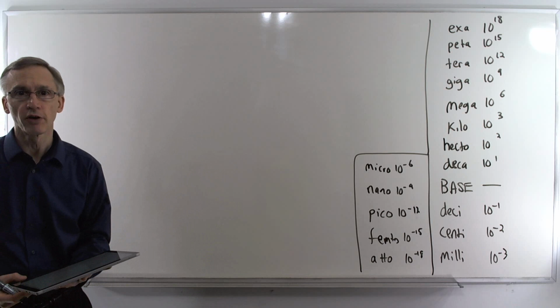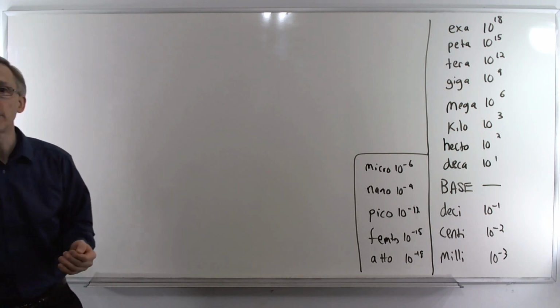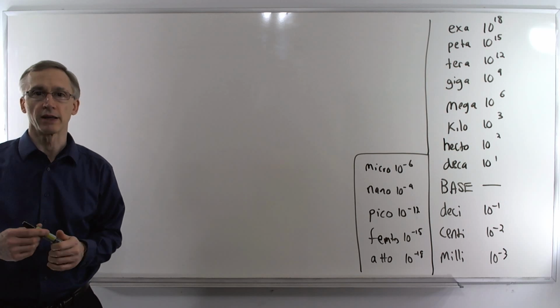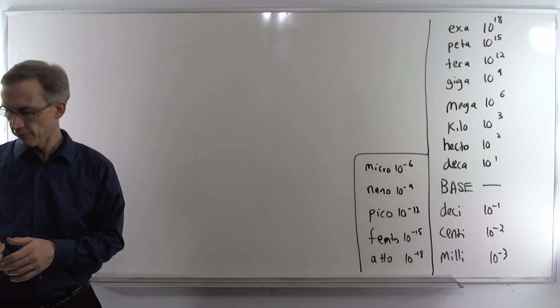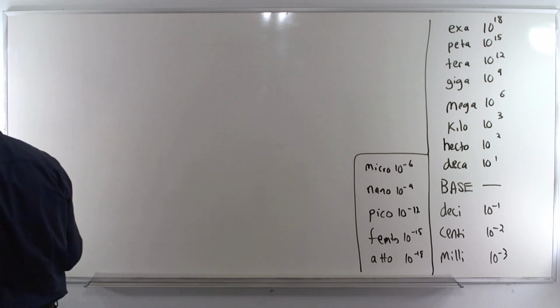Now we're going to be converting metric units, and there are 2 different methods you can use: the counting method or the formula method. I'm going to show you the formula, and we'll show how it relates to the counting method.